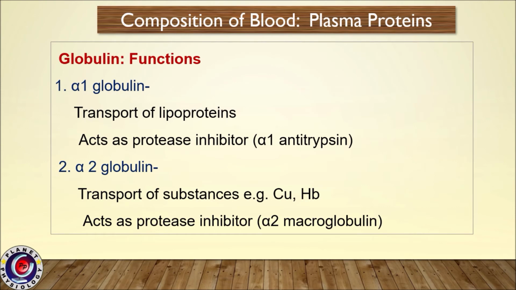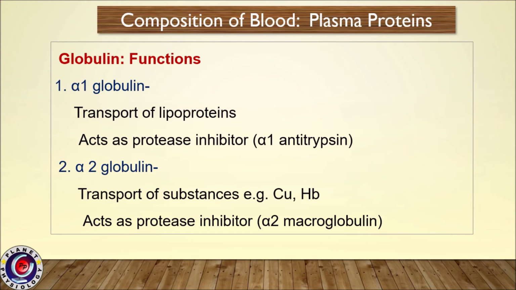Let us study functions of globulin. There are different kinds of globulin, so we will see individual functions. Alpha 1 globulin mainly helps in transport of lipoproteins, and it also acts as a protease inhibitor, and the protease inhibitor of the alpha 1 variety is called alpha 1 antitrypsin.